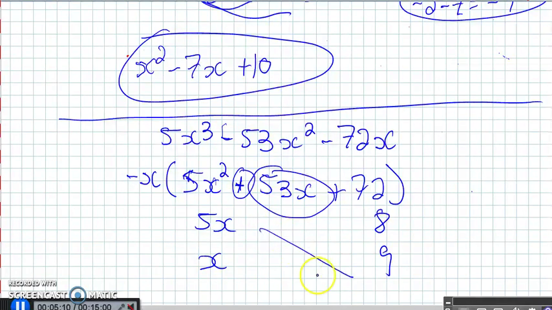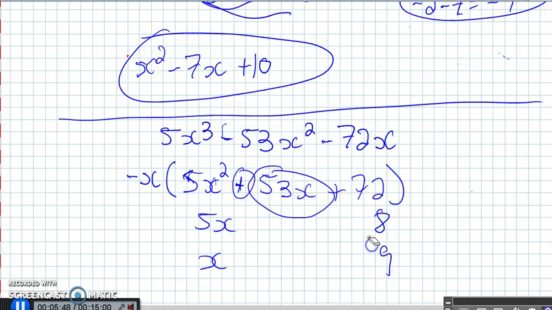But you could do 5x times 9 is 45x. Or actually, no, that wouldn't work either. Wait 2 seconds. It would be 5x times 8, and it would be x times 9. Now, this gives you 40x, and this gives you 9x. No, that wouldn't work either. So what to do?